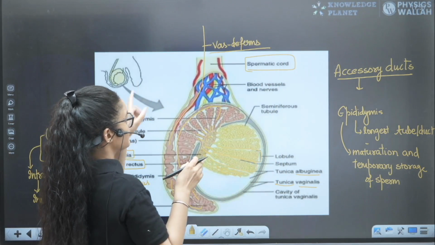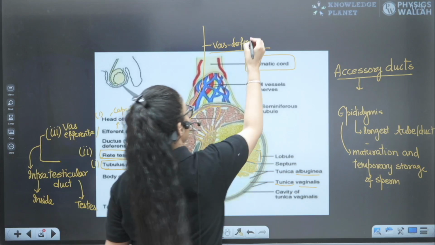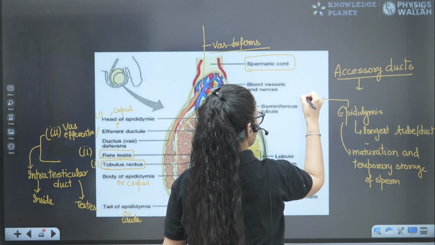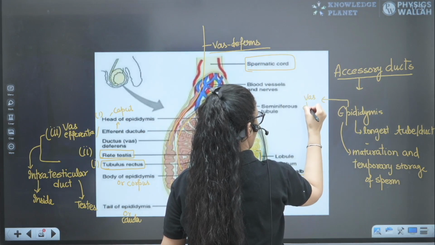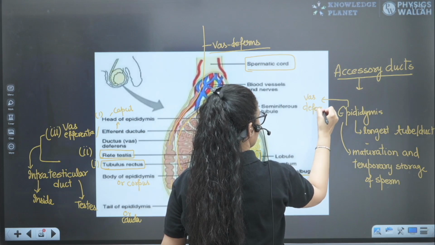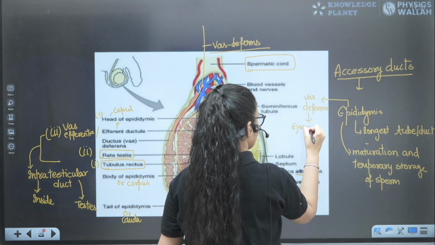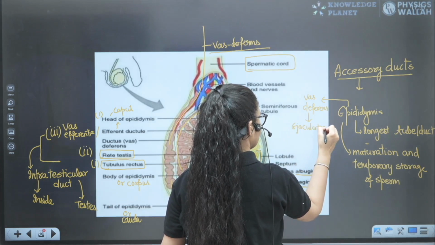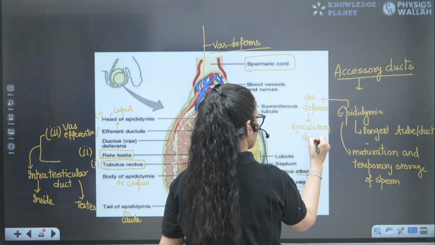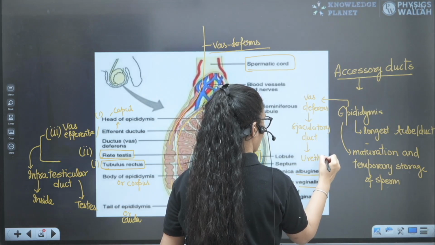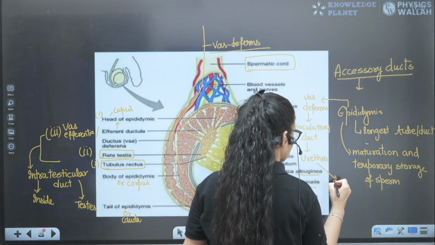Finally, where does the vas deferens open? After the epididymis, it opens into the vas deferens, and the vas deferens will open into the ejaculatory duct that I have shown you. The ejaculatory duct finally opens into the urethra, and the urethra takes the sperm out via the urethral meatus.